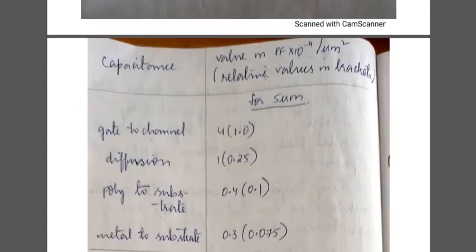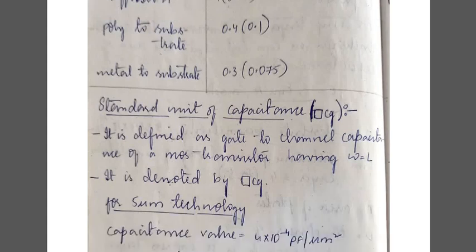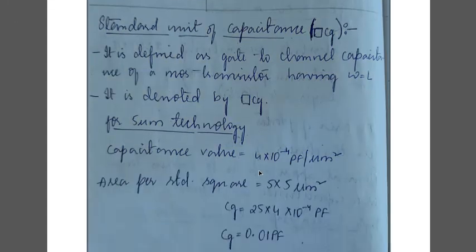So the standard unit of capacitance is defined as the gate to channel capacitance of a MOS transistor where the width of that layer equals the length of that layer, denoted by the symbol square Cg. So the standard unit capacitance I have told, right?